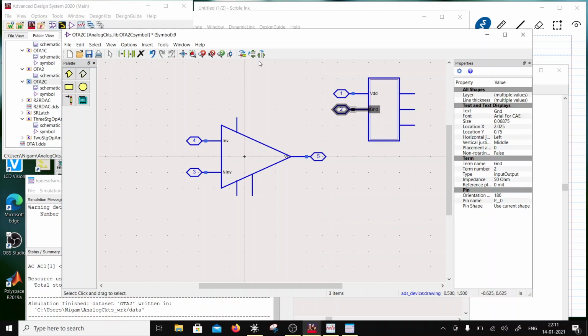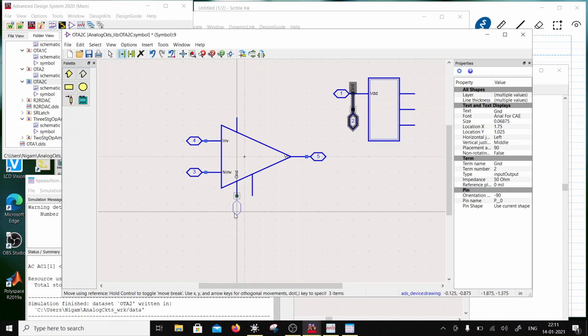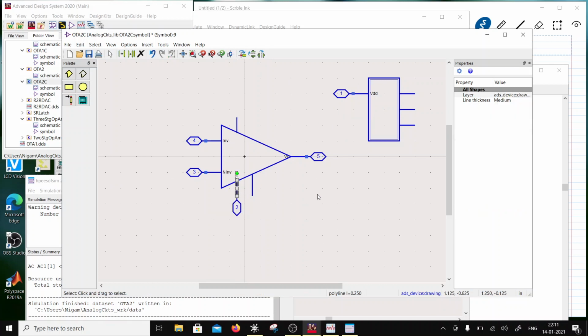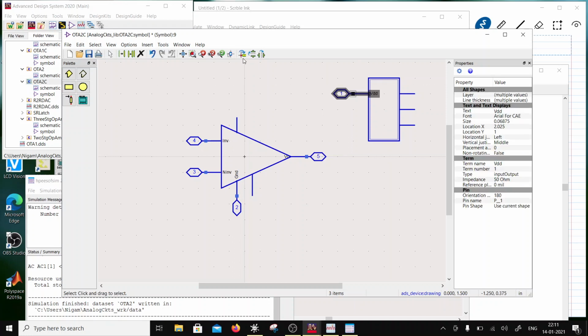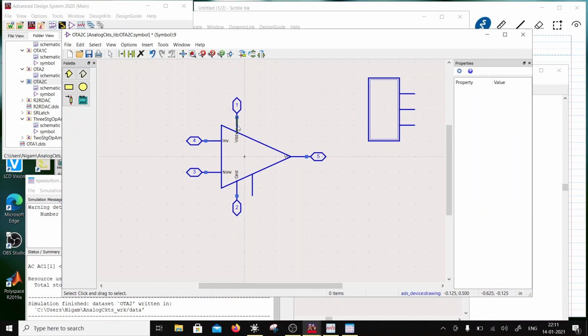This is my ground, which is over here, and this is my VDD, which is over here, and this was a current source which I am no longer using. So I'll just delete the remaining stuff.